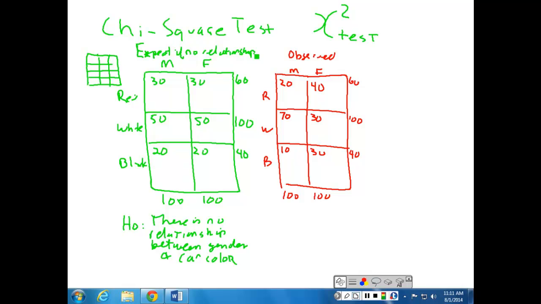So, for HA, I'm going to go back to that. There is a relationship between gender and car color.